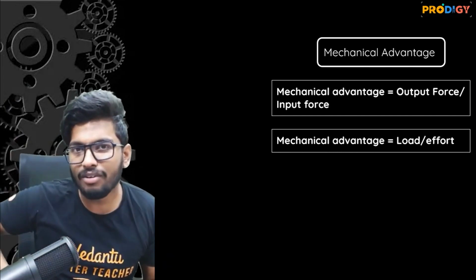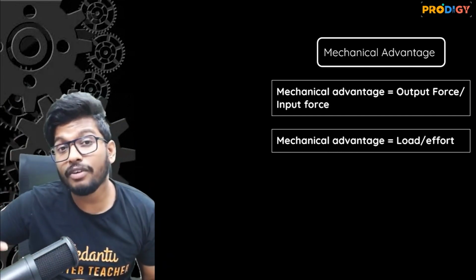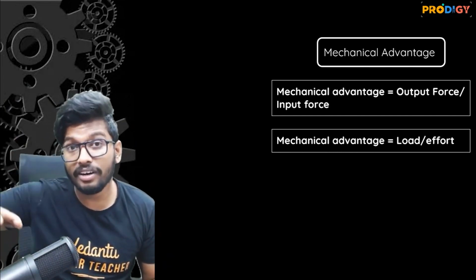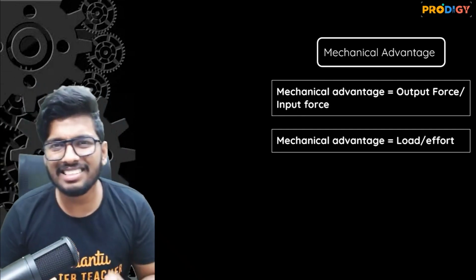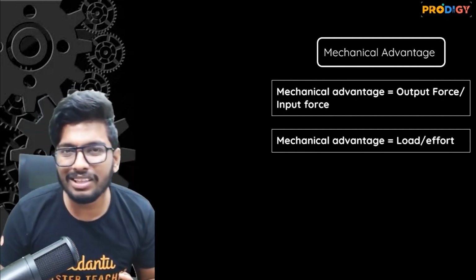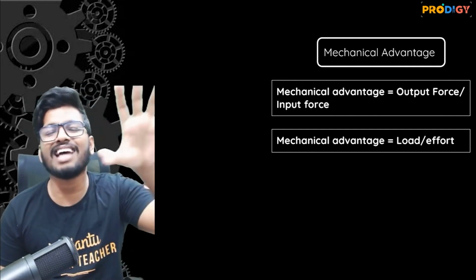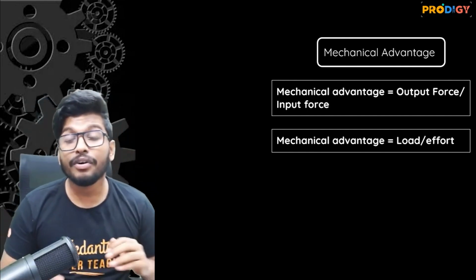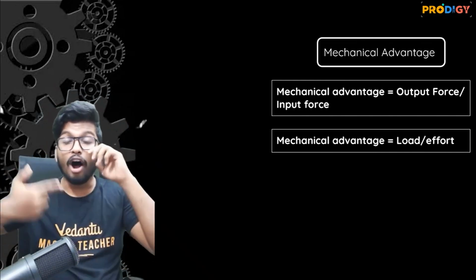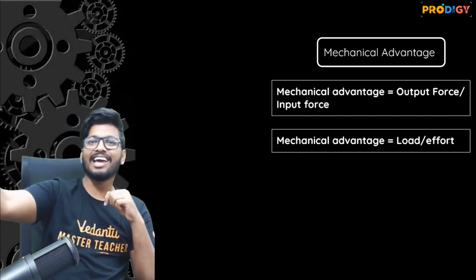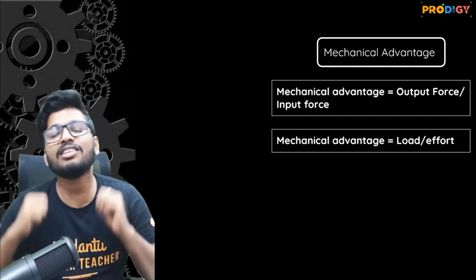Now, whatever force you apply, is all of it being converted into a different energy and being lifted? No, there is some sort of wastage happening. There will be some friction between the parts. So there is some sort of wastage happening at any point of time. Not all of the force you put in is utilized to lift up the load. There is some sort of loss happening.